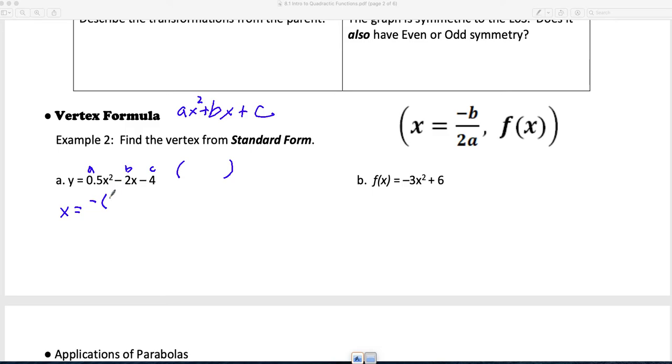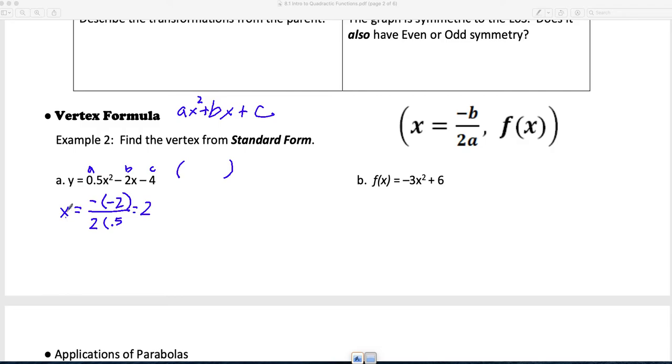This B is a negative 2. And I'm going to use parentheses on the bottom because I want to keep my multiplication. So I've got 2 times A. And A happens to be 0.5. So that is going to give me positive 2 over 1 or just 2.